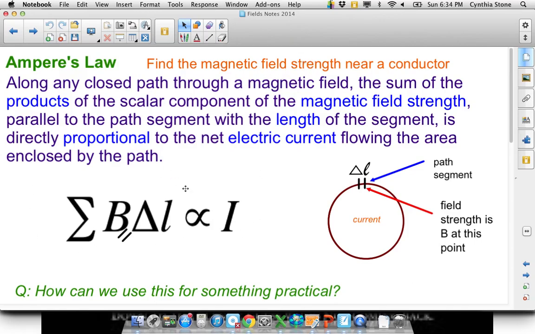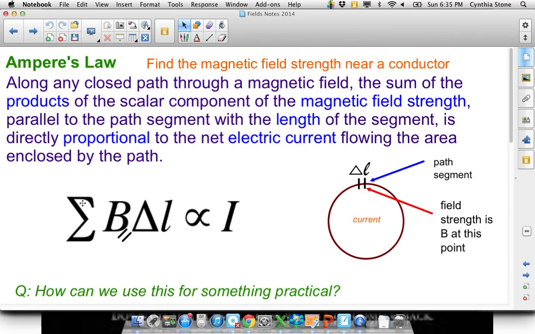What his data showed is that for any closed path, and here I drew a circle, but the closed path could be amoeba shaped, it could be shaped like anything, as long as it's a closed path, I'll try to relate the words to the equation. Not actually an equation, is it? There's no equal sign, but the relationship. It says the sum of the products.